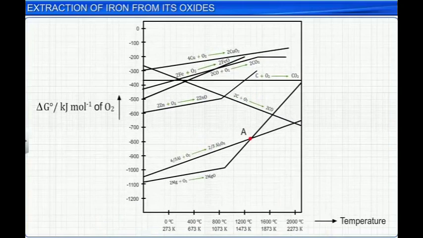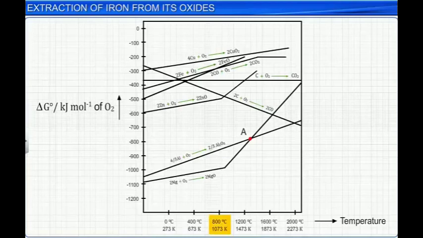If a graph is plotted for the standard Gibbs free energy change, delta G naught, against temperature T in Kelvin for both the reactions, then it goes upwards for the reduction of ferrous oxide to iron, that is FeO to Fe, and downwards for the oxidation of carbon to carbon monoxide.